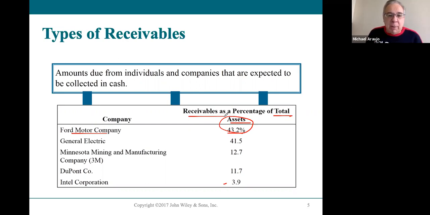So then Ford Motor Company is waiting for the distributors to sell those vehicles to the dealers. And then they will collect that cash once that process is done. So that takes a while, and that means their receivables are a very large part of their total assets, simply because of how the structure of that business is.